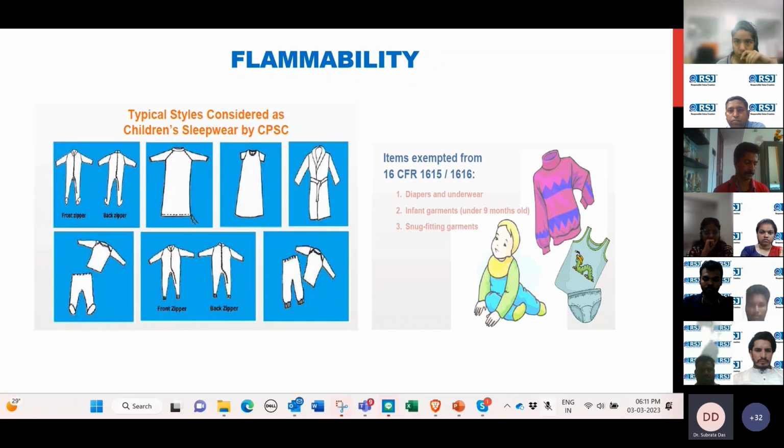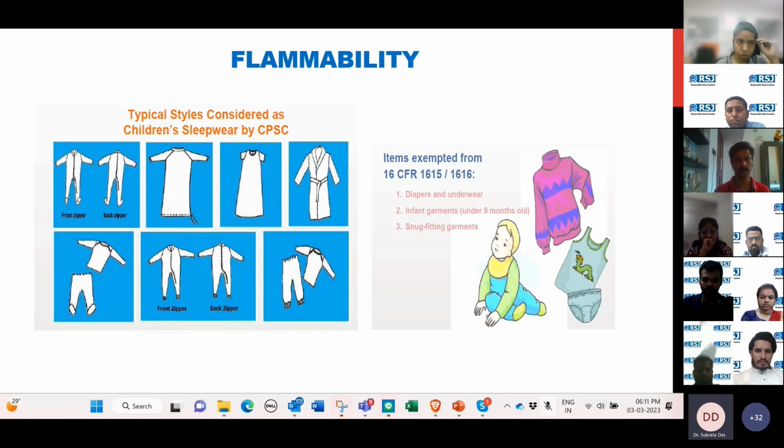Now, we are talking about different styles or different garments. Here you can see typical styles considered by the Consumer Product Safety Commission of the US. These are the different styles shown here, which are treated as children's sleepwear and are subject to testing.